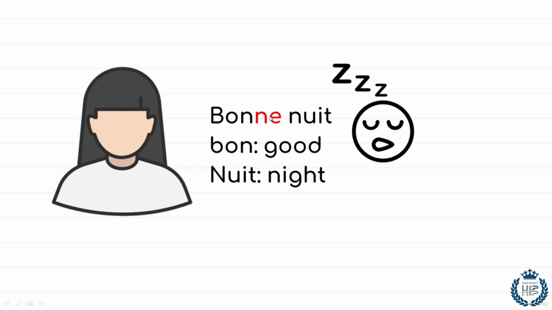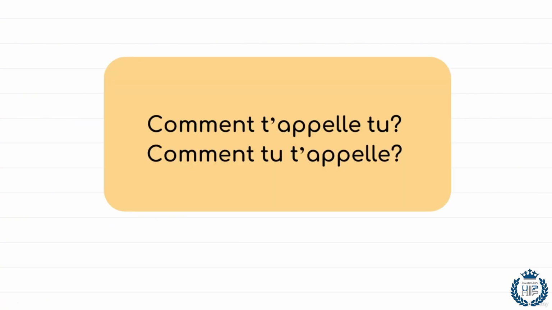So, how do we ask someone's name? We know how to say our name, right? We know it is je m'appelle. But how do we ask the name? We can say comment t'appelles-tu? We have different ways of saying what is your name. This is the informal version of asking someone's name, and we can put this at the beginning, as you can see here, or we can put it at the back.